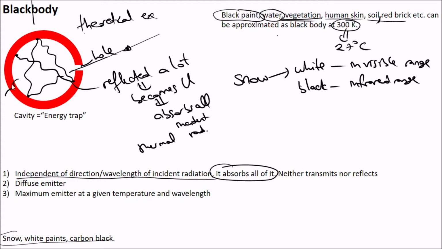This body does not transmit, because it is an opaque body. It doesn't reflect. Reflection here is very different. Reflection means that it reflects and leaves the body, but in this case it doesn't reflect because multiple reflections happen inside the body, and those reflections become internal energy of the system. Therefore, the first property is valid, and now comes the second property, which is the diffuse emitter.